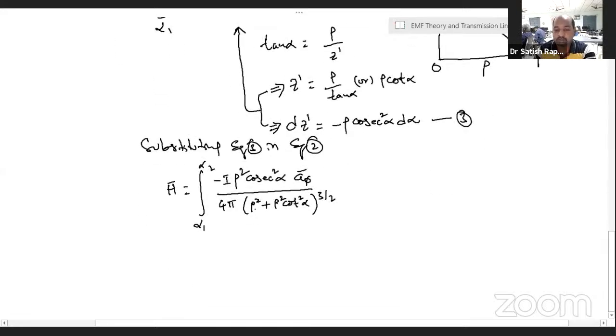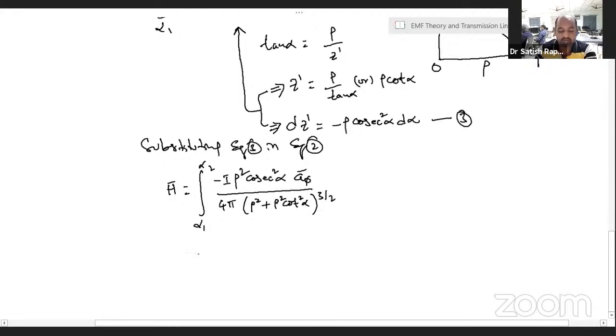So in the denominator, inside the brackets, you can take rho square common. If you take rho square common, you will have 1 plus cot square alpha, and 1 plus cot square alpha is cosecant square alpha.